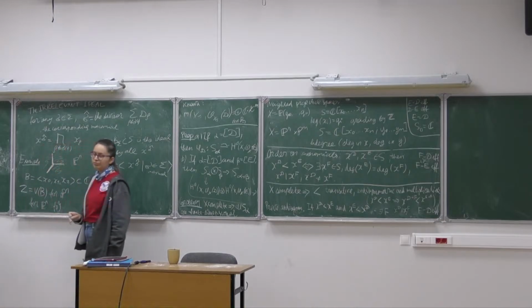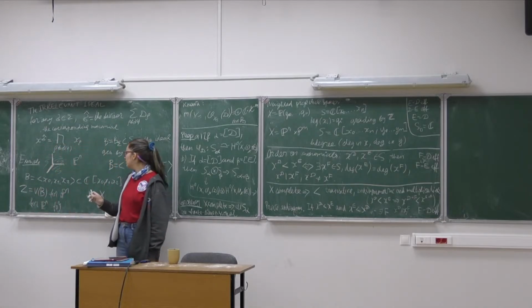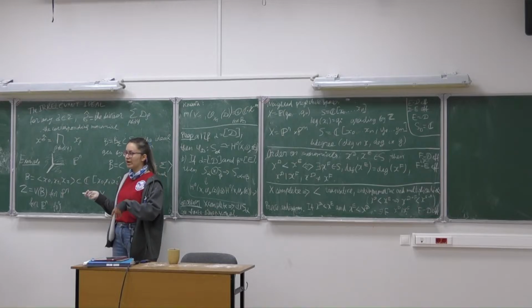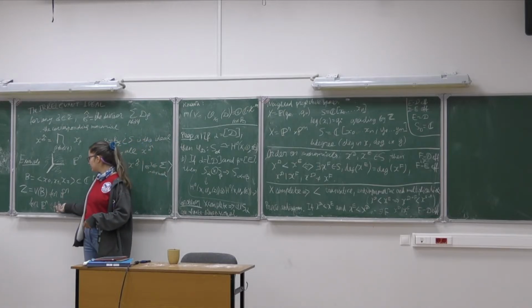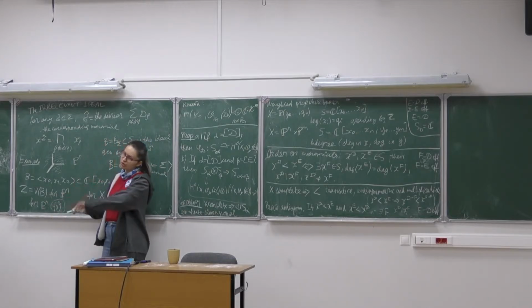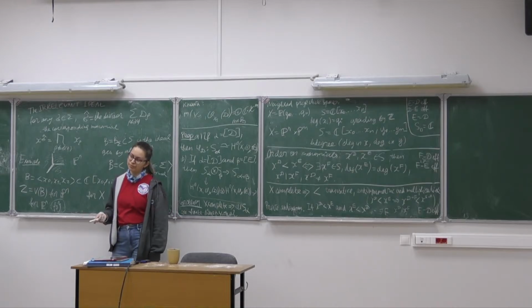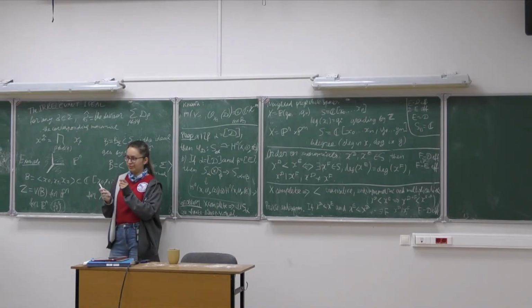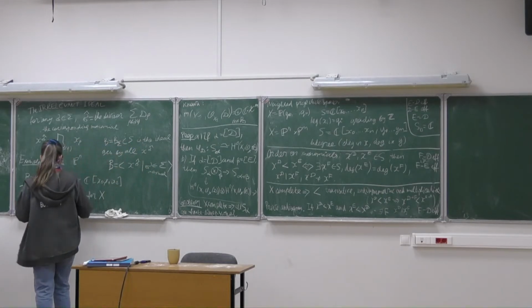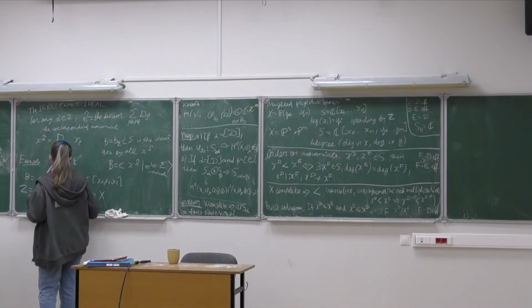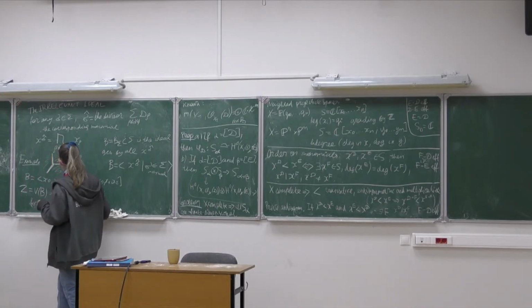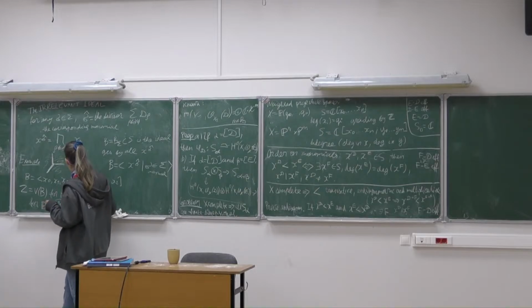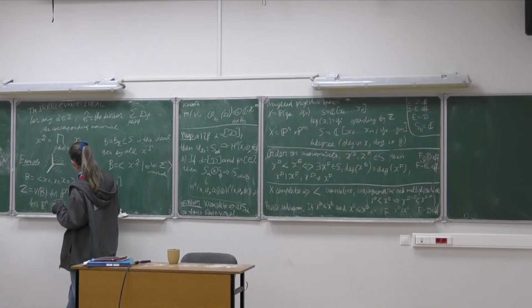And how do we construct Pn? We take Cn plus 1, we throw out 0, and then we quotient by the torus, by the one-dimensional torus, by homotheties. So Cn plus 1 without 0 by C star.